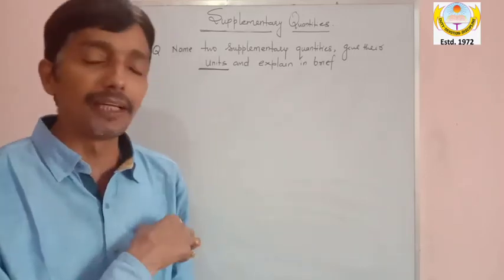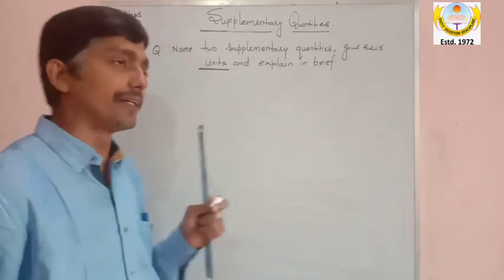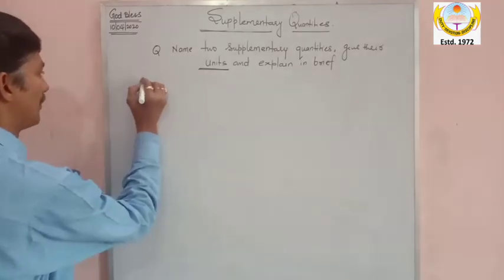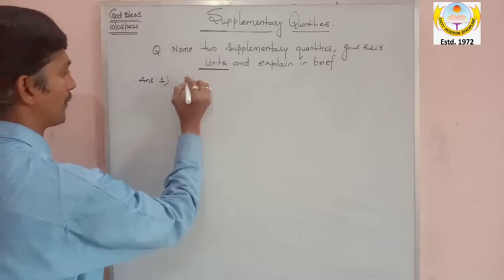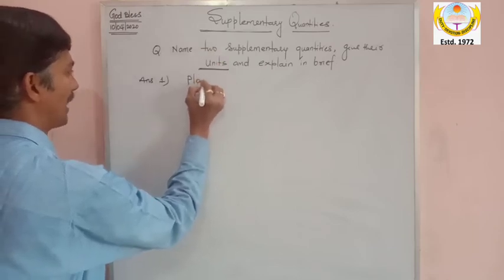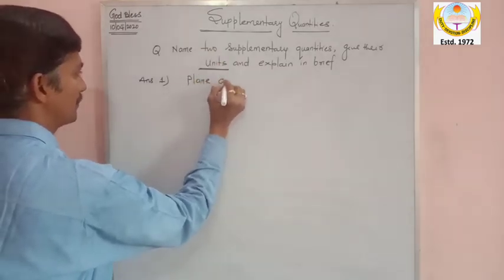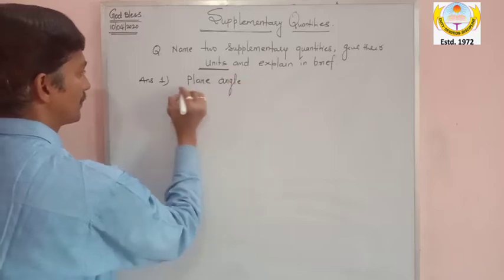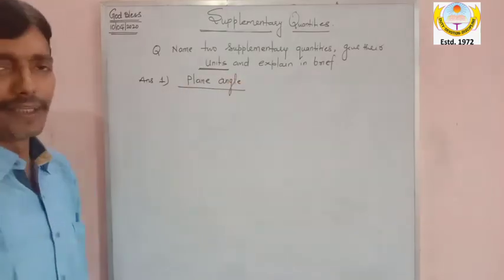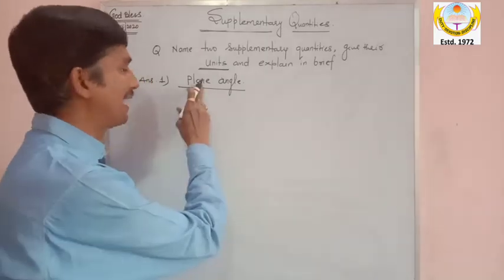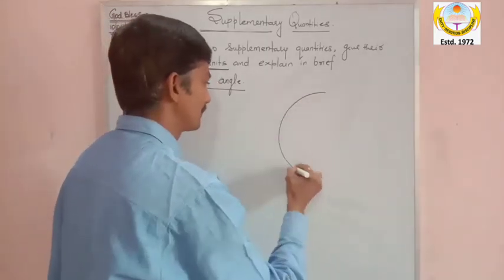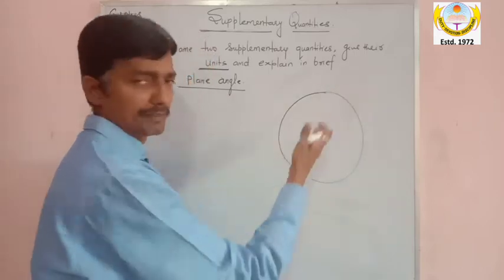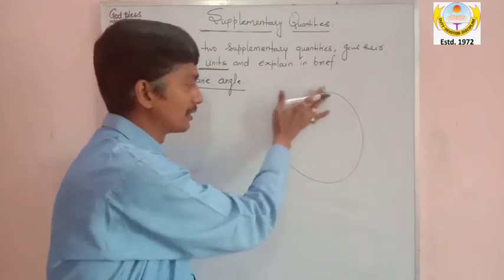Now, my dear, let's begin with the first supplementary quantity, and you have awareness of this particular supplementary quantity, and that is plane angle. Now, my dear, when I talk about a plane angle, say I have taken a circular plane, because this is a plane, you can see this is one plane, right?